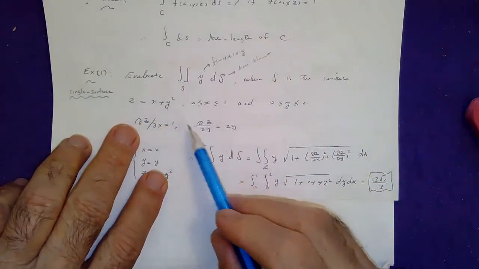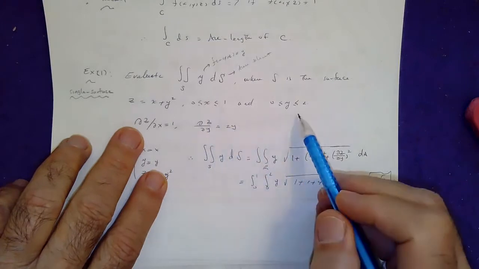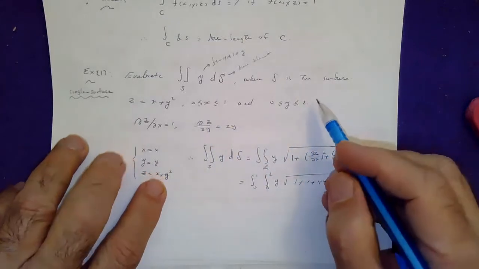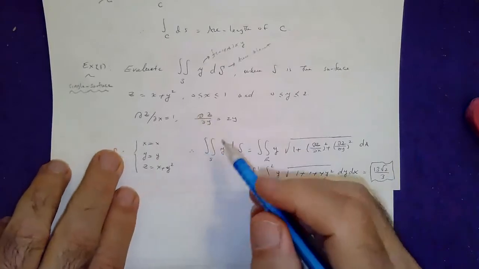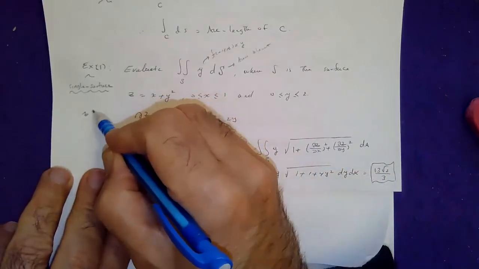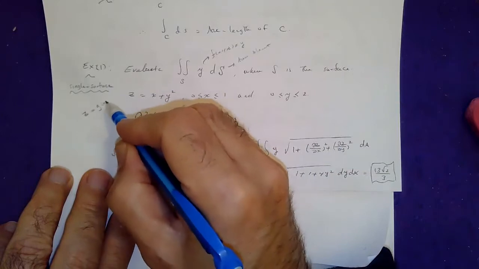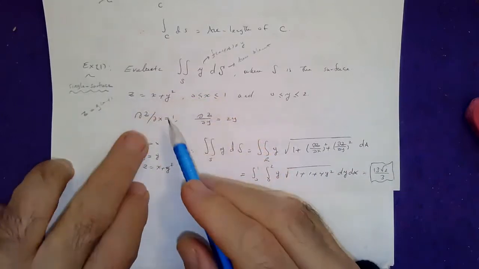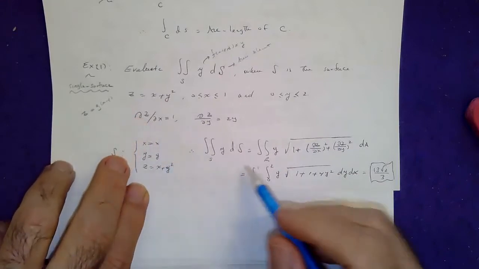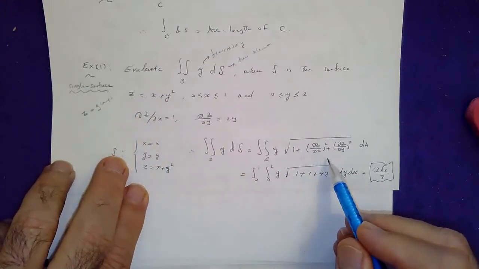That's like a cylindrical surface. x goes between 0 and 1, y goes between 0 and 2. So what you do, because this is one of those special cases where z is a function of x and y, there it is, we use this magic formula right there.